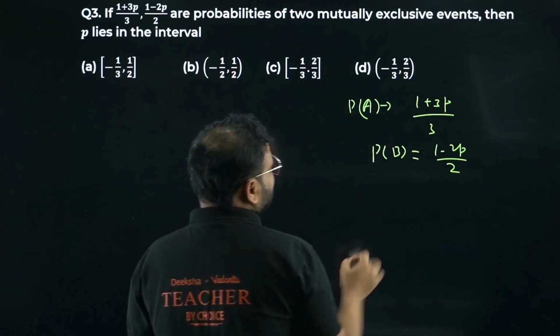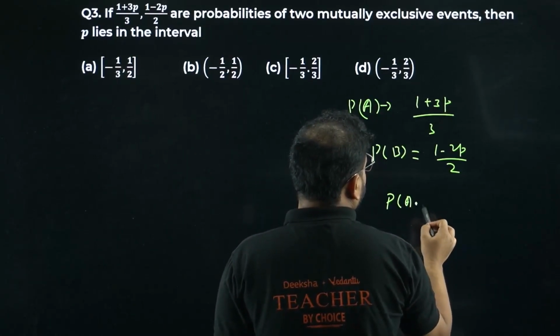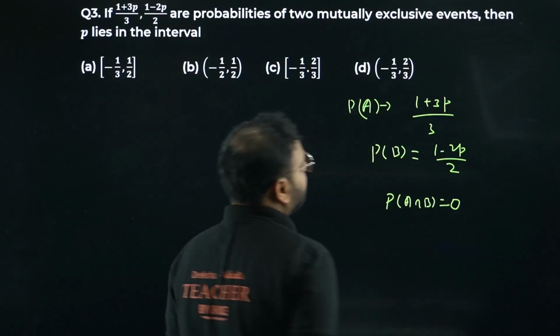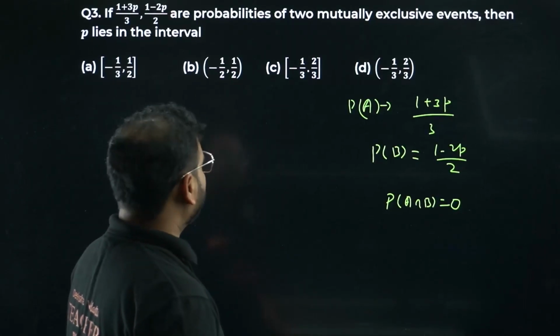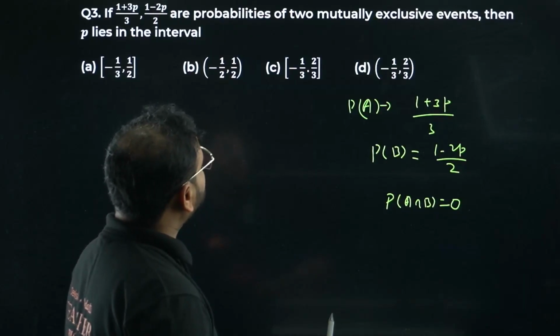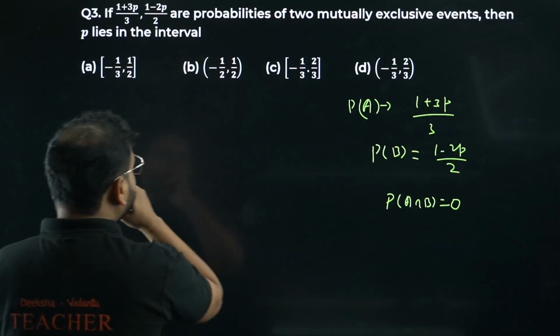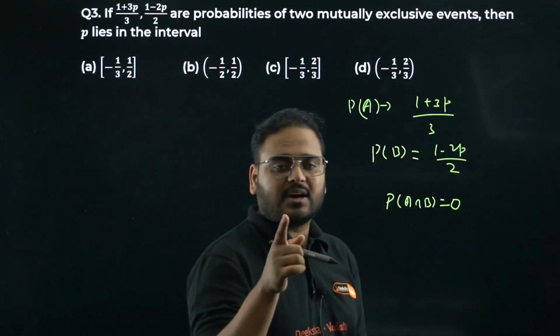The intersection will be nothing but 0, so we have PA plus PB equals P of A union B. We don't have any information on the union, so can we apply the condition for probability? Axiomatic probability we can apply.